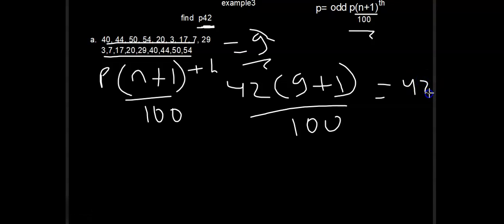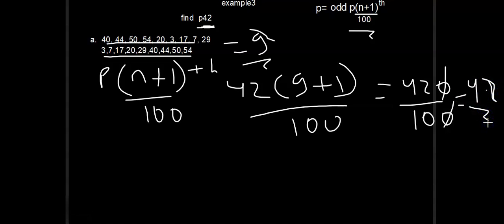So 420, the whole over 100. So we can cancel these two zeros and it would be 42 over 10. So 42 over 10 would be 4.2.